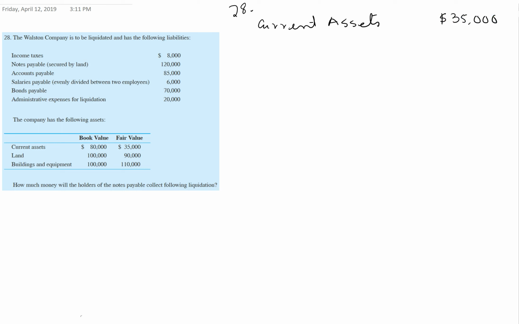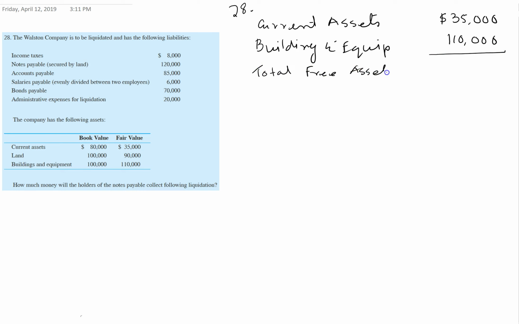We also have building and equipment, which is $110,000. If you add these two, the total free assets is 35 plus 110. It's actually $145,000.